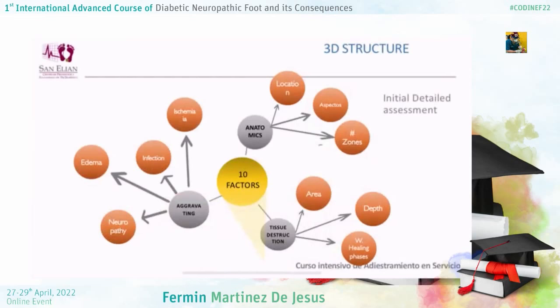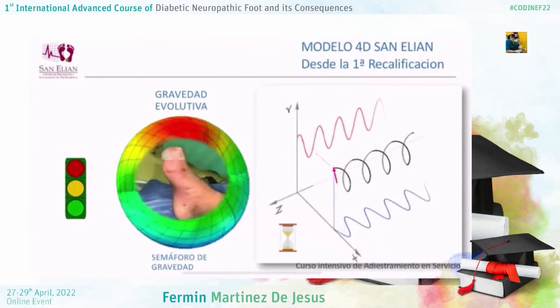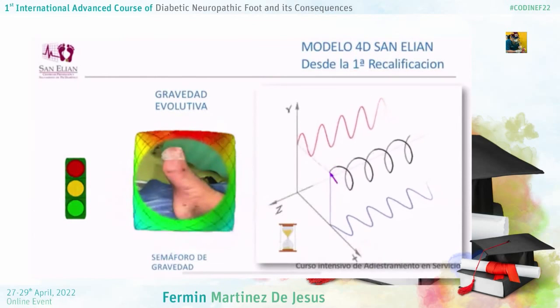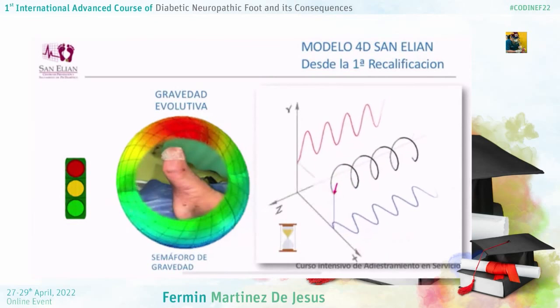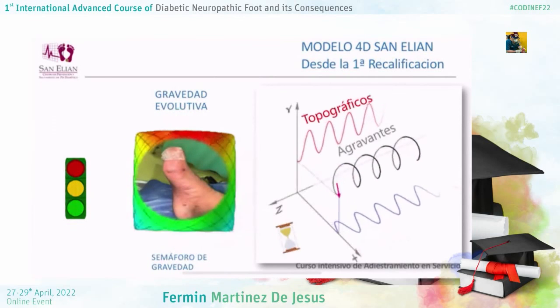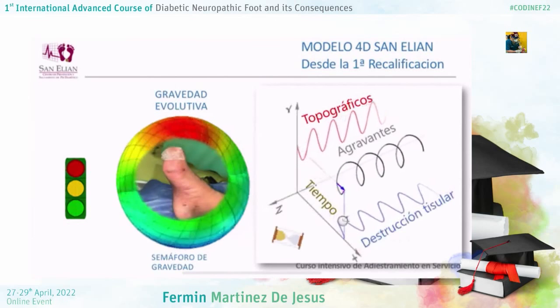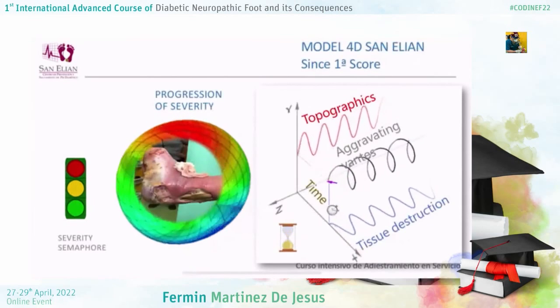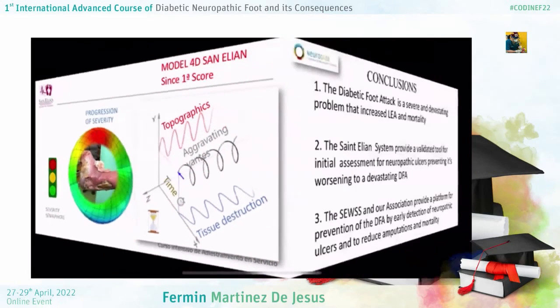We have a 3D structure in the initial detailed assessment, with a severity semaphore for every variable assessed, and the 4D model that starts to work once the second assessment is made. So time is part of the 4D, as you can see here in English, the progression to severity.